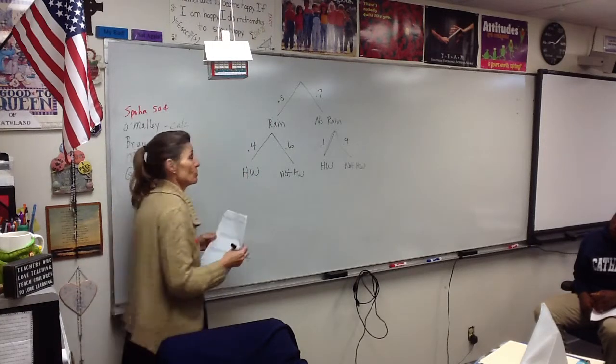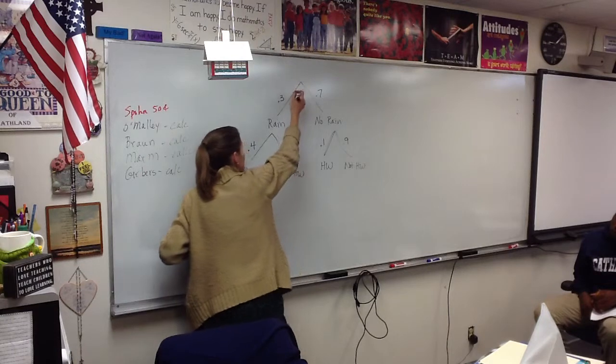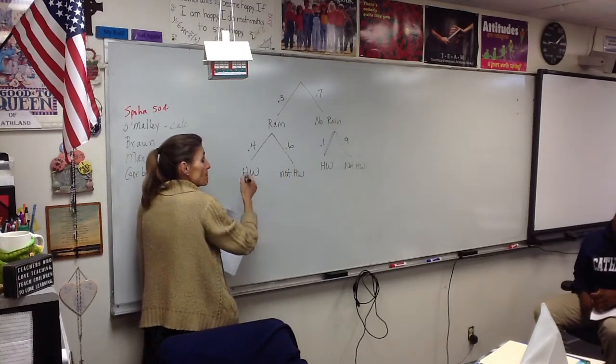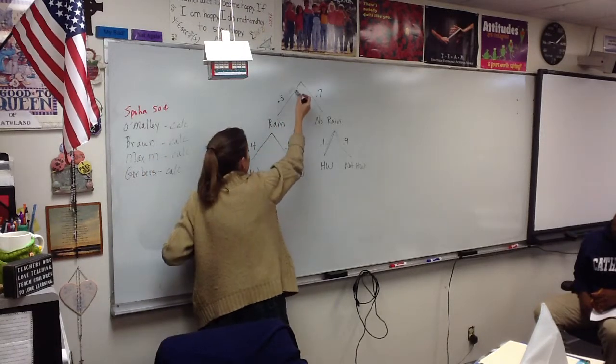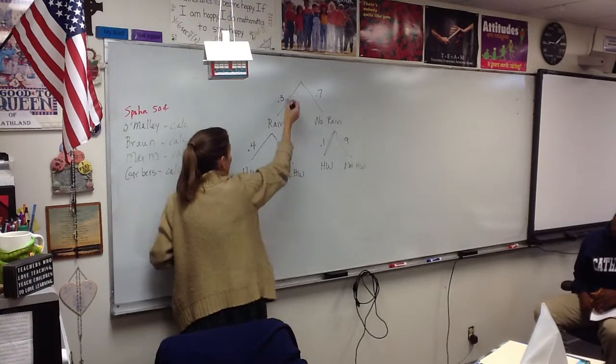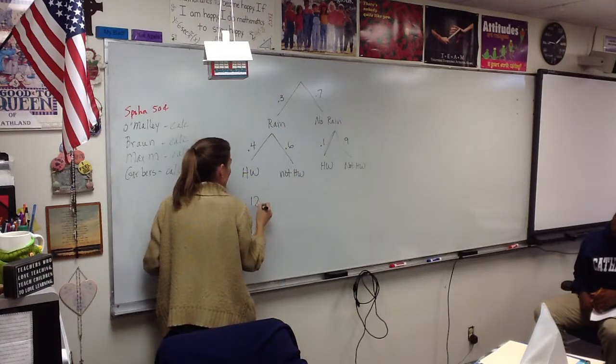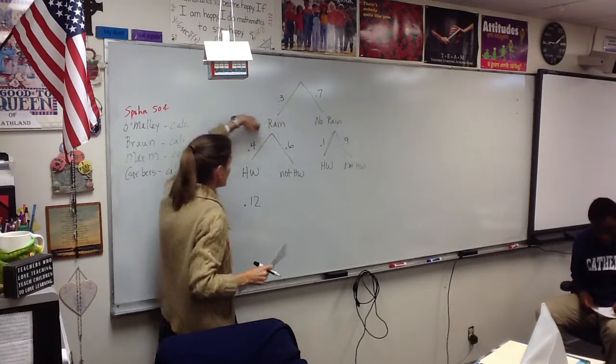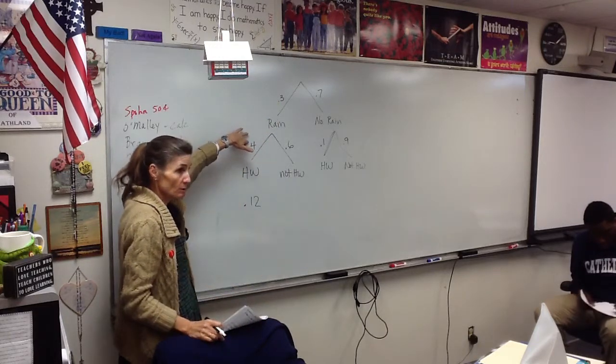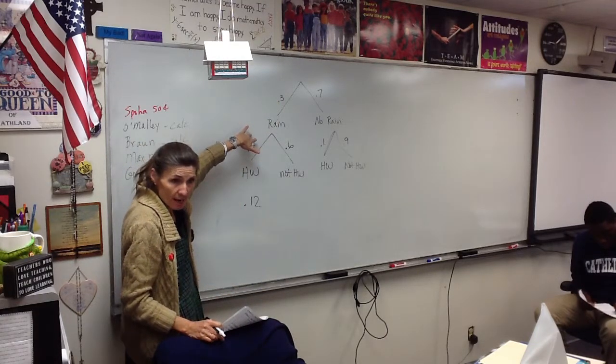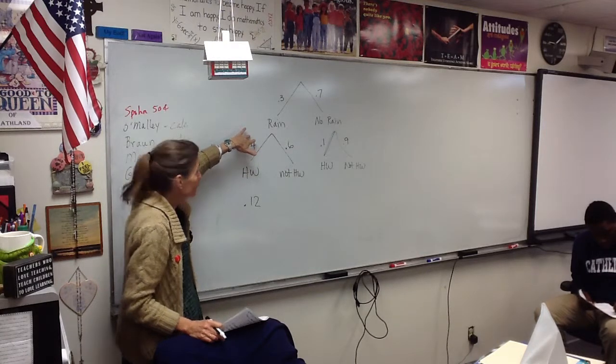Now I want you to multiply each branch of the tree. So in other words, if it rains, he'll do his homework. That probability is 0.12. How did I get 0.12? I multiplied 0.3 times 0.4.